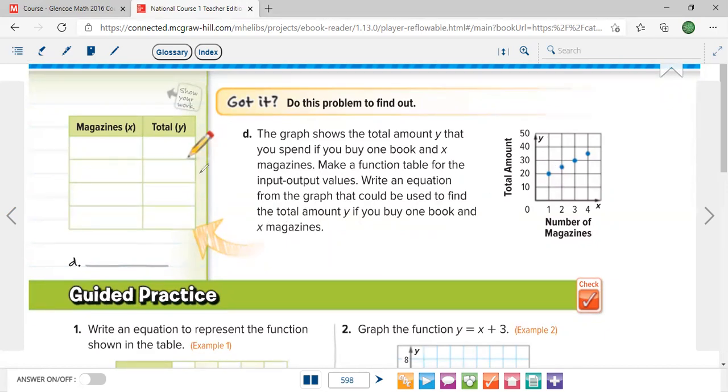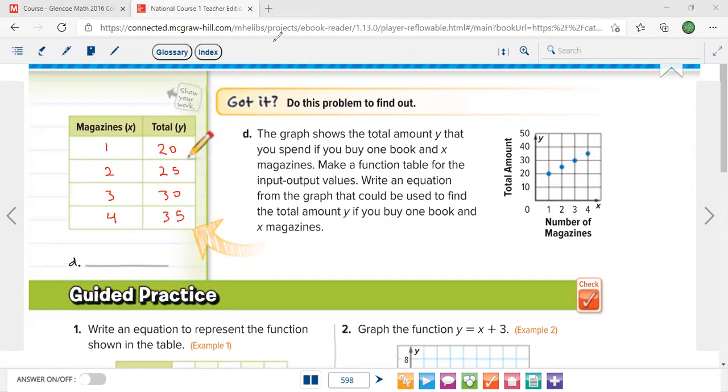So this is 1 and 20. The second point is 2 and 25. The third point is 3 and 30. The fourth point is 4 and 35.